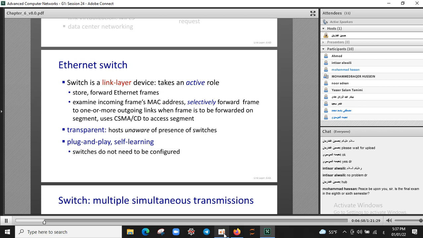So it can selectively forward: this frame should be forwarded over this port, and this one over that port. It can choose the destination port, because it works on layer 2, and in this layer we have the MAC address.